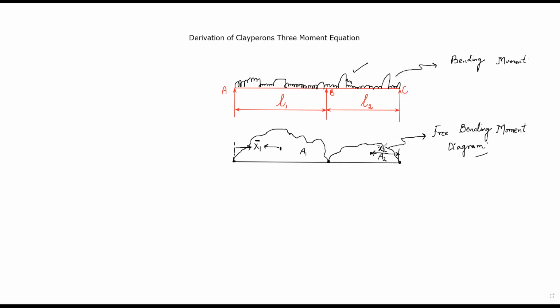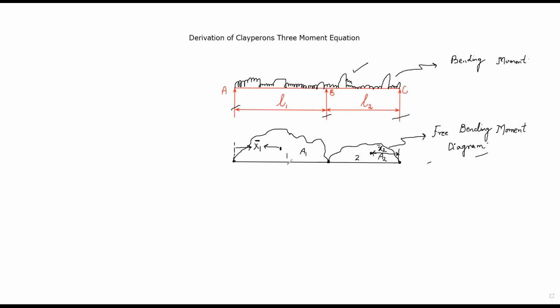That is only possible when the beam is simply supported. But we don't know whether the beam is simply supported or not. When drawing this free bending moment diagram, we are assuming that the beam has two spans. This is span 1, this is span 2. Span 1 has length L1 and span 2 has length L2.